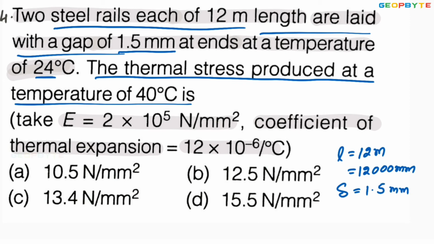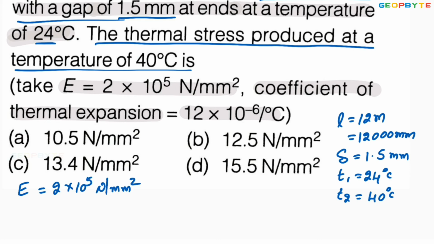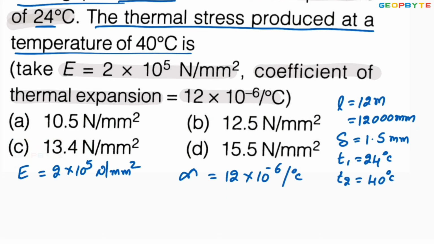I will draw the diagram also, no problem. The initial temperature T1 equal to 24 degrees centigrade, final temperature T2 equal to 40 degrees centigrade. Young's modulus E equal to 2 into 10 power 5 Newton per millimeter square. Alpha equal to 12 into 10 power minus 6 per degree centigrade.